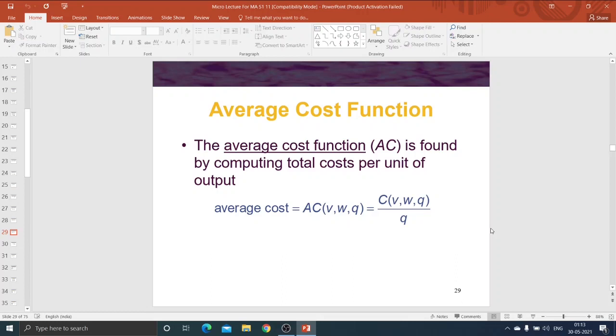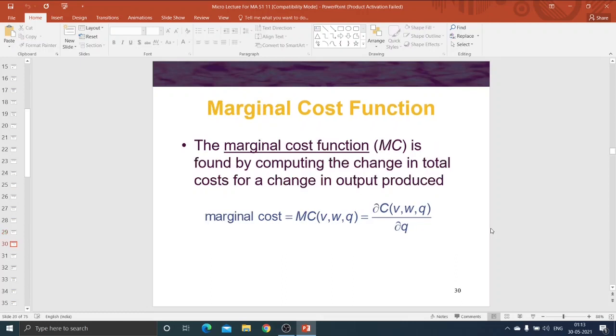It is found by computing total cost per unit of output. Therefore it is a per unit cost. The marginal cost, in a similar fashion, is the additional cost of any unit of production. So the difference is that one is the total, the other is the per unit cost, and the other is the incremental cost.